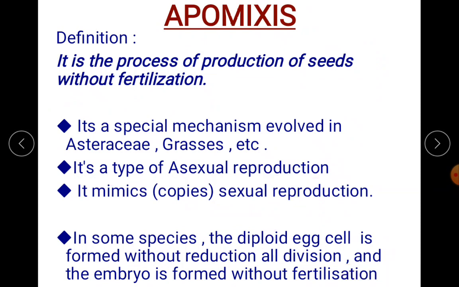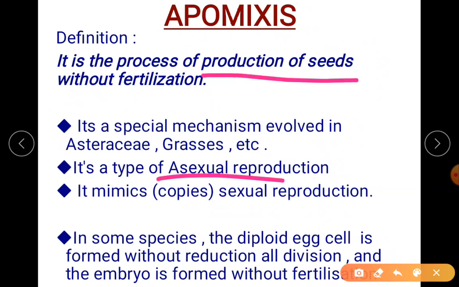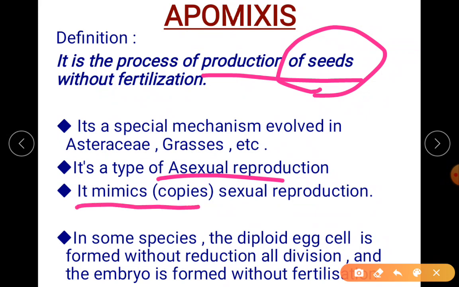So when I say parthenogenesis, there is no fertilization, but an individual can form from that particular part. So here it is the production of seed without fertilization, but that seed can grow into a new individual.